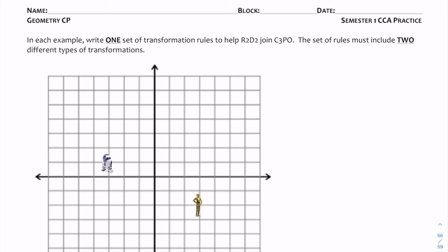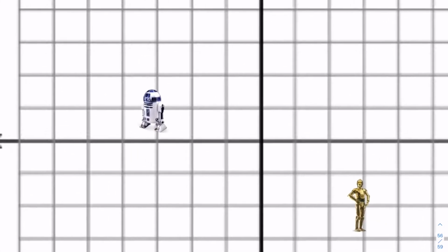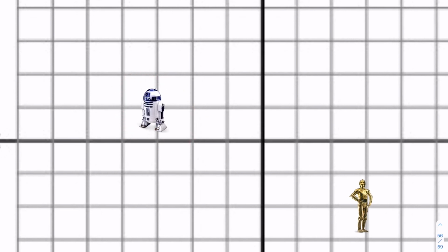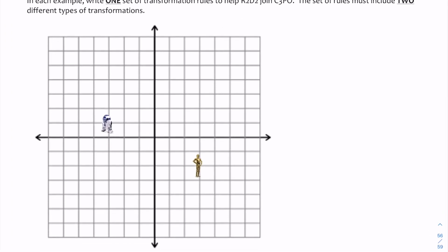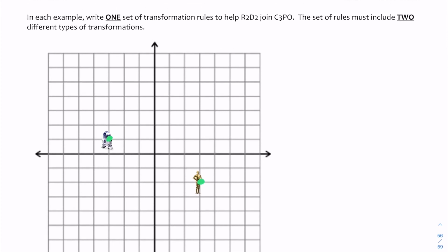So in each example, write one set of transformation rules to help R2D2 join C3PO. If you're not sure, this one is R2D2 and this one is C3PO. So if you want R2D2, which is on this coordinate here, to join C3PO on this coordinate here, then you're going to have to write a combination of rules that will get him there.